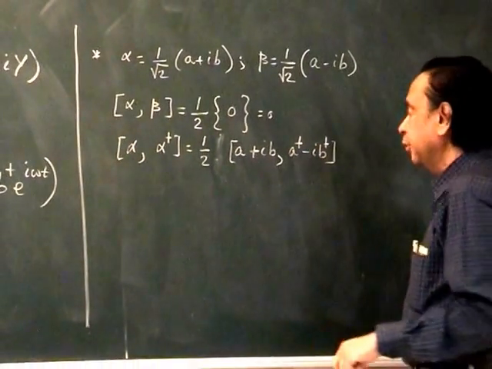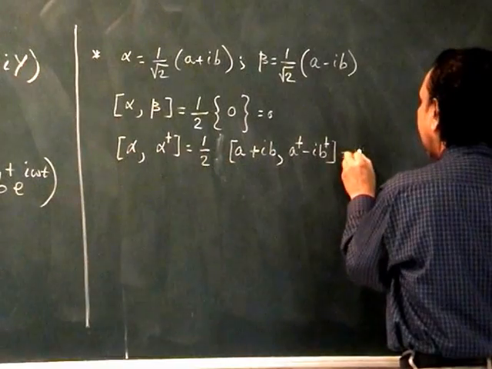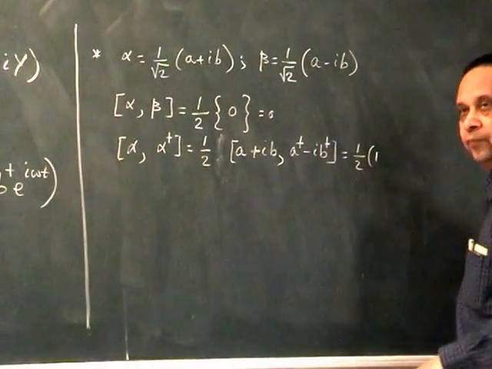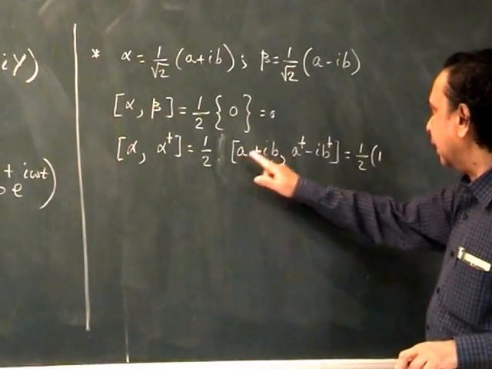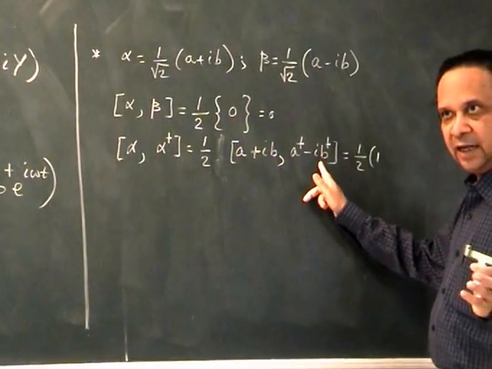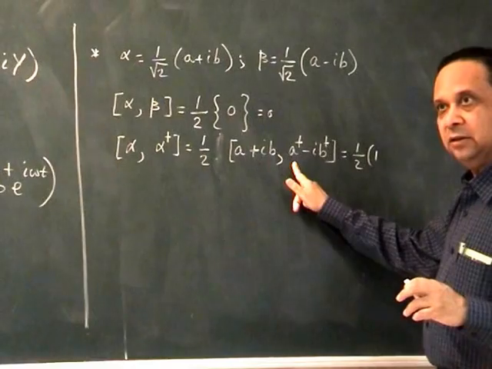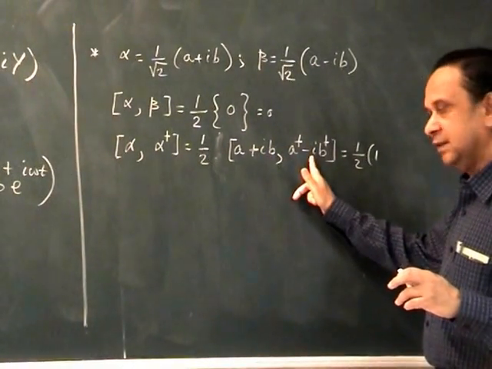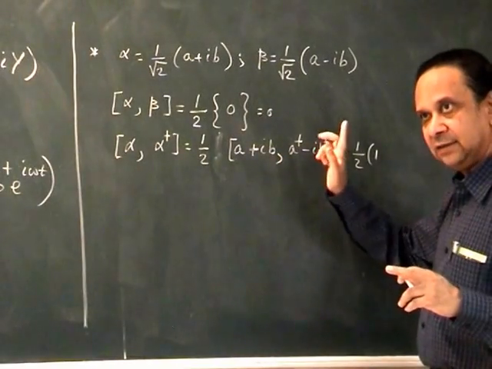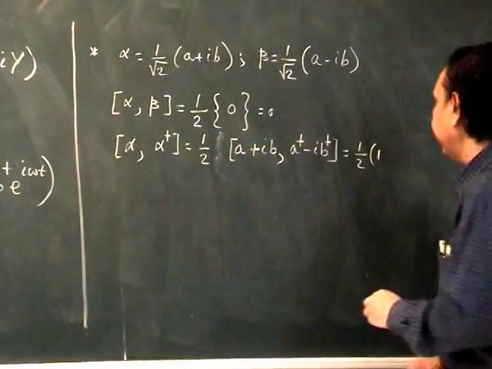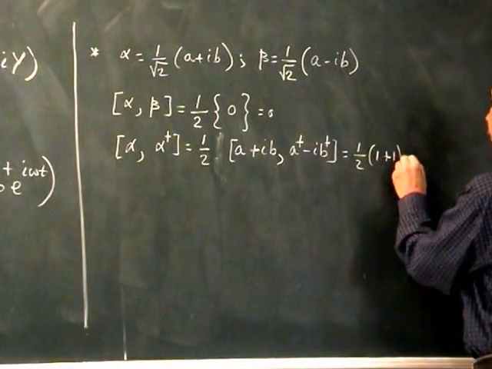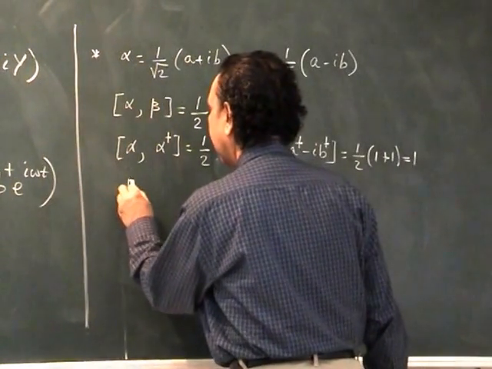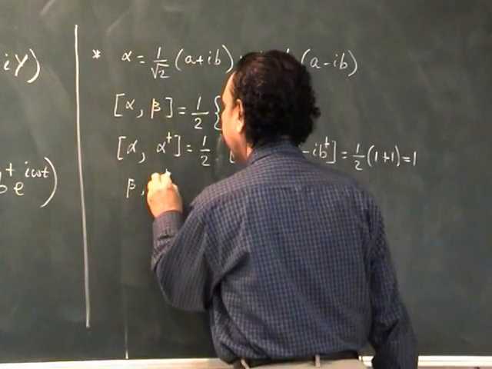This is what we want to compute. So this is going to be half. The commutator of a and a dagger is 1. Then I get a commutator of this, that doesn't matter, a and b are independent. This doesn't matter. So the crucial thing is this object. There I have an i and a minus i. So the product will give me plus the commutator of b and b dagger. So I get 1 plus 1. In the same way, when you work it out for beta, beta dagger, you will get 2.